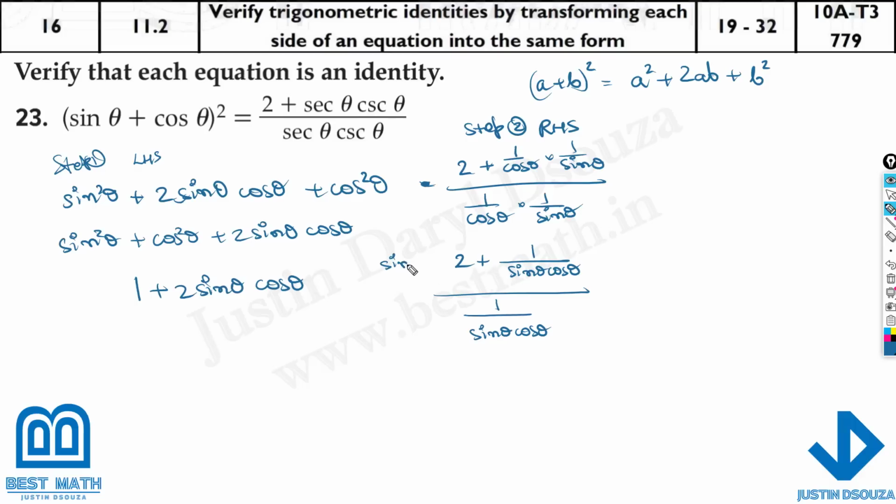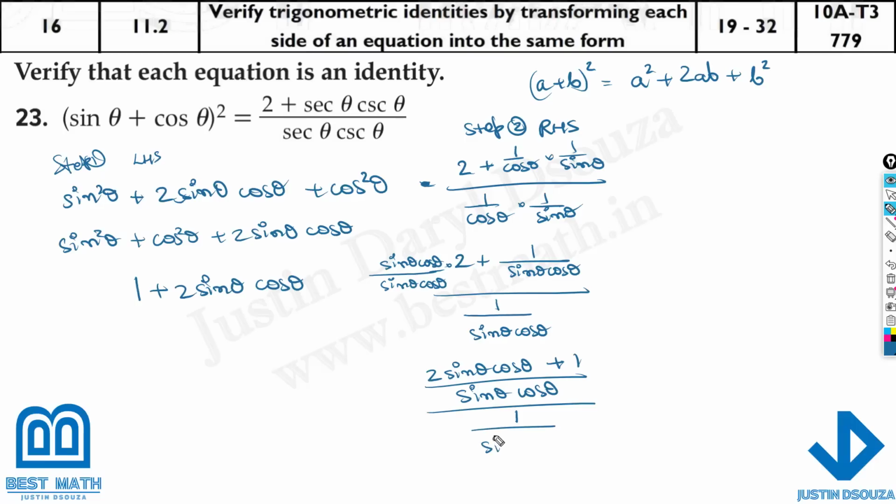It's going to be sine theta cosine theta divided by the same thing, sine theta cosine theta. And now we have the common denominator, so we can rewrite them together. So here it will become 2 sine theta cosine theta plus 1. Why? Because these two are having the same denominators now, and divided by sine theta cosine theta divided by again 1 divided by sine theta cosine theta.